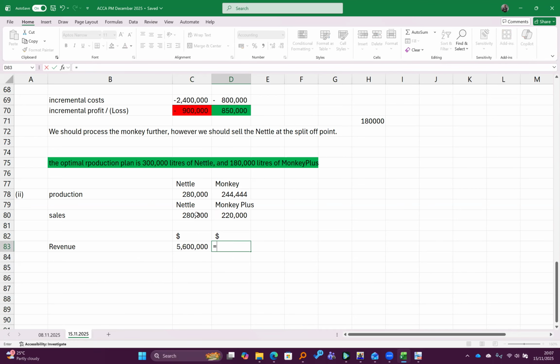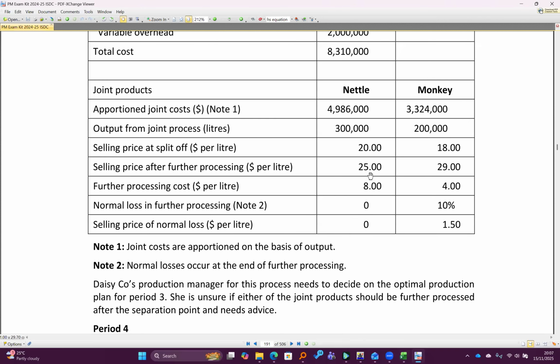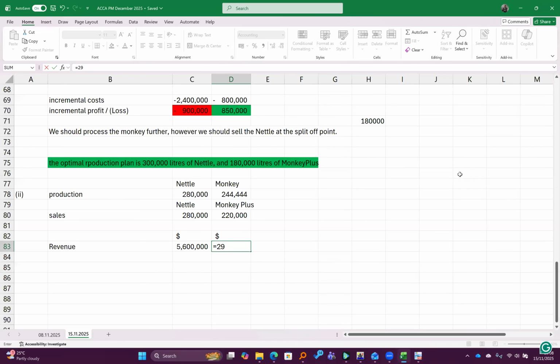Then on this one, we use the price after processing, so 29 multiplied by 220,000. That gives us the one for Market Plus.